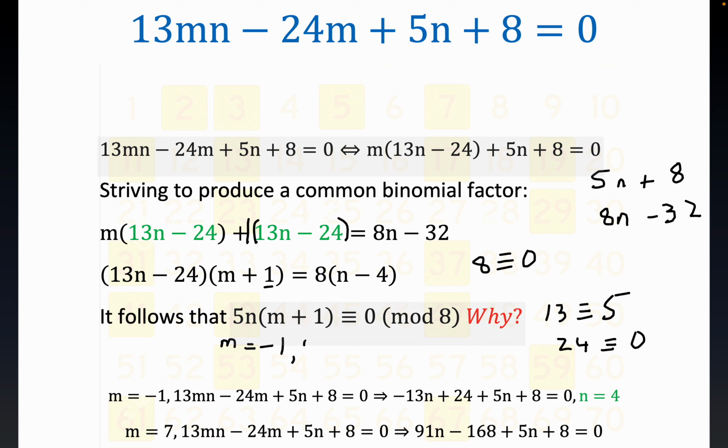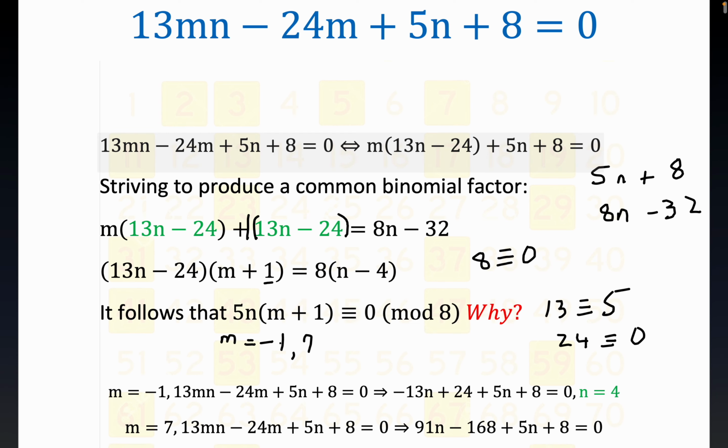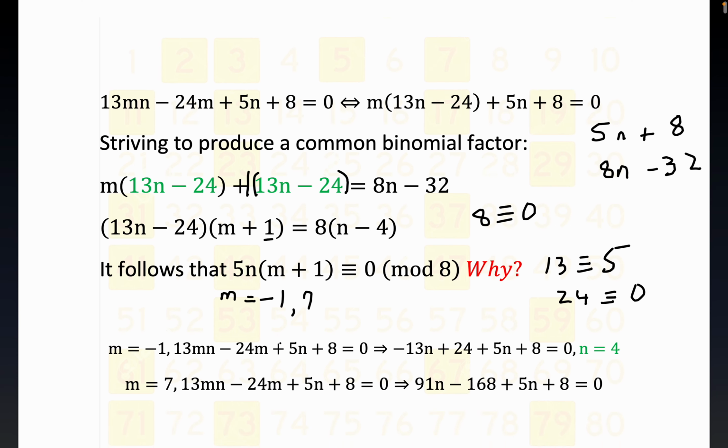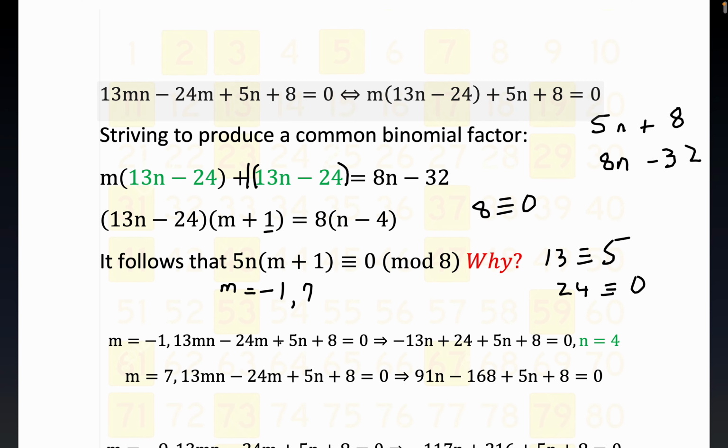I'm just picking relatively small numbers. 7 plus 1 is 8, so this whole thing would be divisible by 8. And then you could try out a negative 9. Why is that? Because when you put minus 9 right here, you get negative 8, which is, of course, divisible by 8.